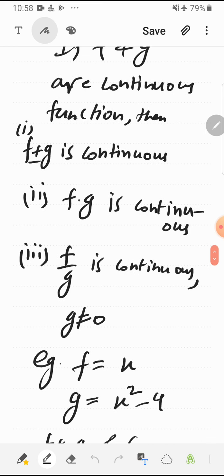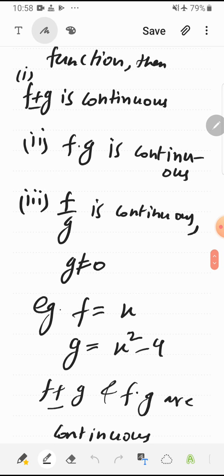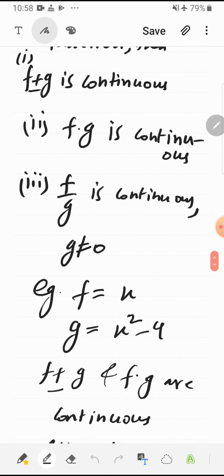Suppose f is x, g is x square minus 4, both are continuous. So f plus minus g and f into g are continuous everywhere. We can have blind faith in addition, subtraction and multiplication.